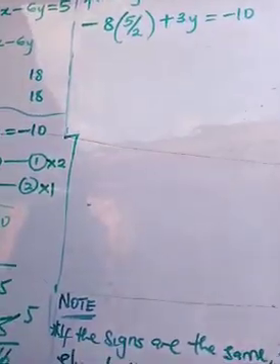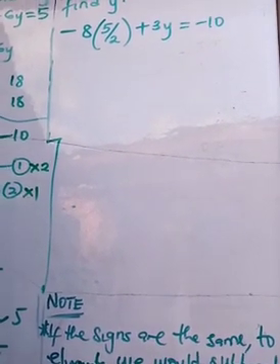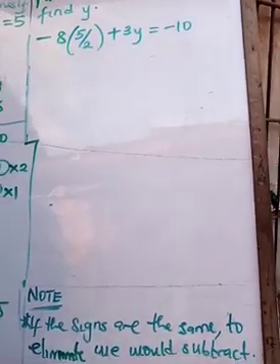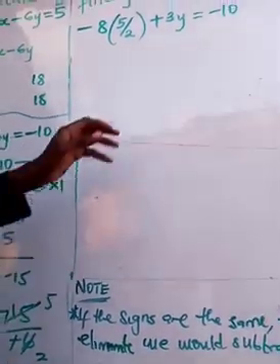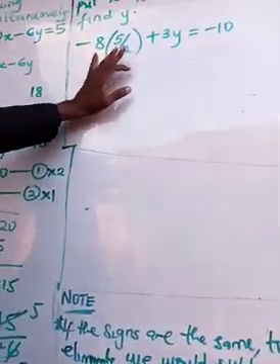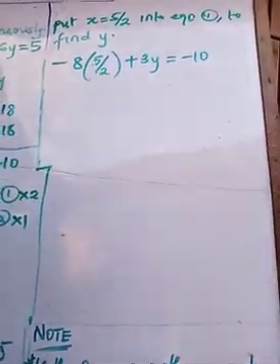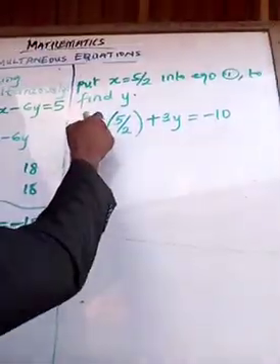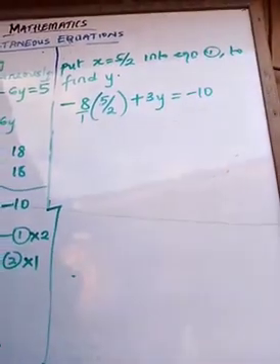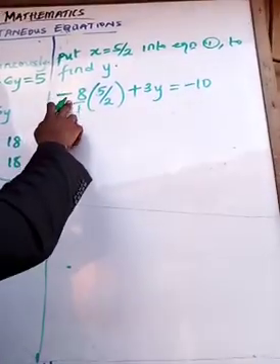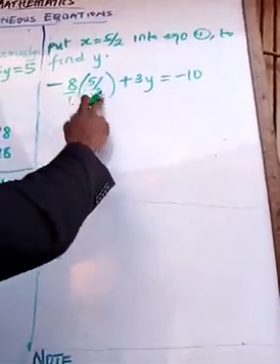So now, I've seen students do this. Now if you are opening a bracket like this, there's a fraction inside and there's a whole number. Now you don't use this 8 to multiply everything. This minus 8 is the same thing as 8 over 1. So the numerator will multiply numerator, denominator will multiply denominator.